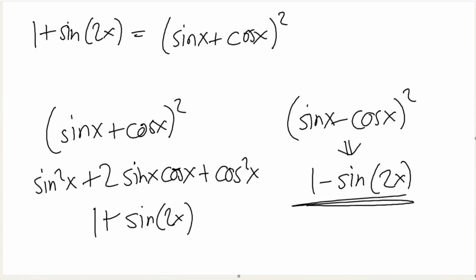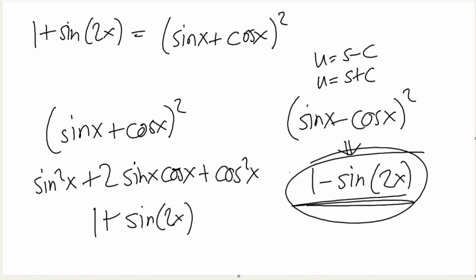They will hide this, and you would not know that u is equal to sine plus cosine or sine minus cosine, depending on what the derivative is. They will hide this a lot in the integrals. So it's nice to sort of be aware of this trick. So this is how the concept goes.